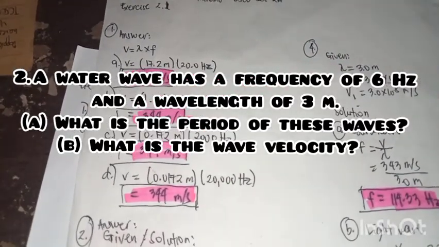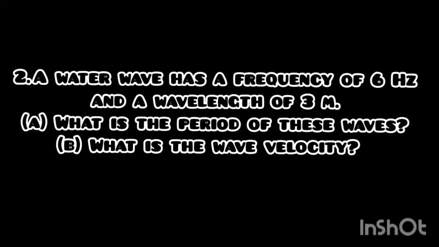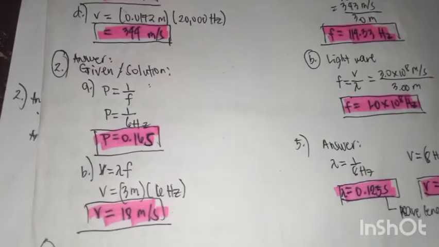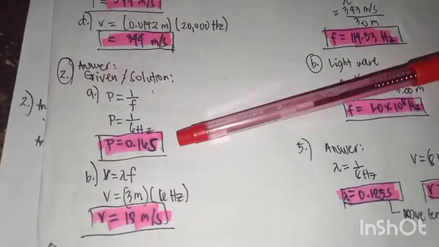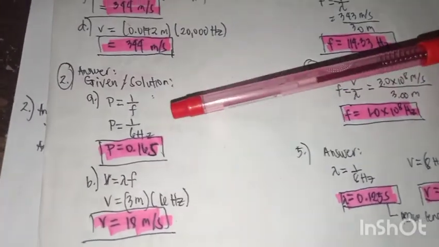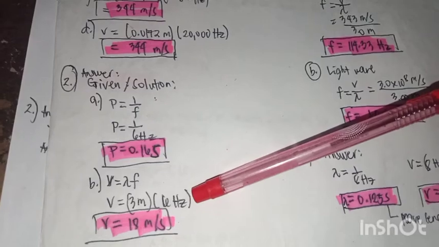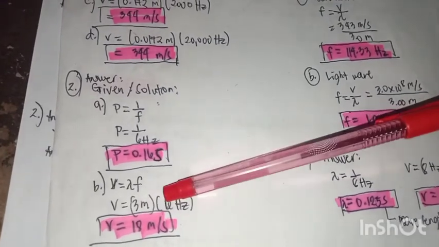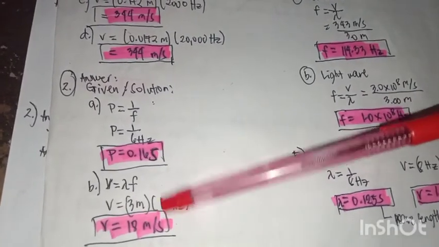What is the period of these waves and what is the wave velocity? So for the second problem, we have here the given, which is the frequency 6 Hz and the wavelength is 3 meters.